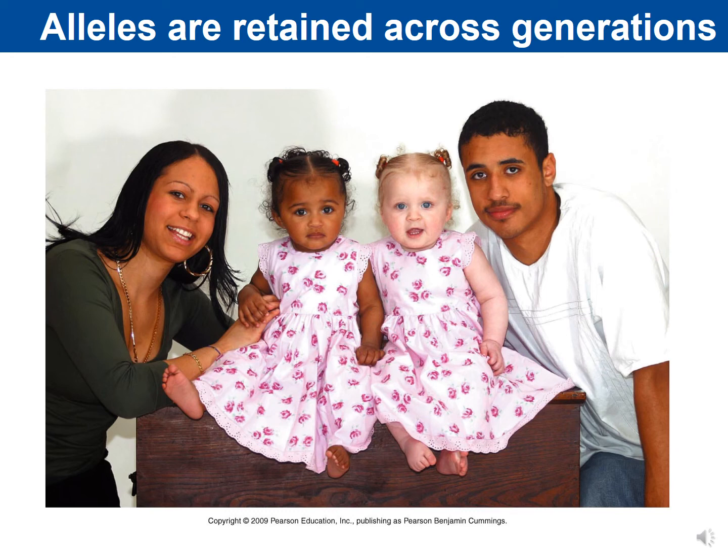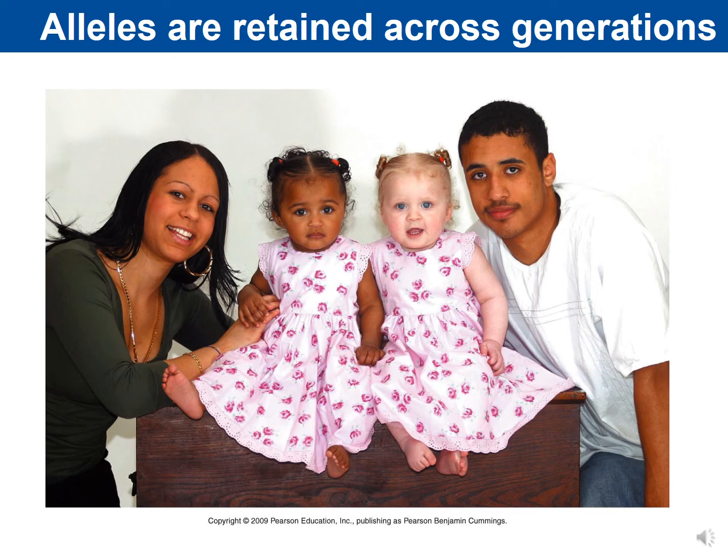You have this couple and they are mixed race. And so they have a variety of different genes. And so when this couple had babies and they had twins, the two little girls in the dresses are twins. Now notice if you look at their facial structure, you can actually see the resemblance between them.